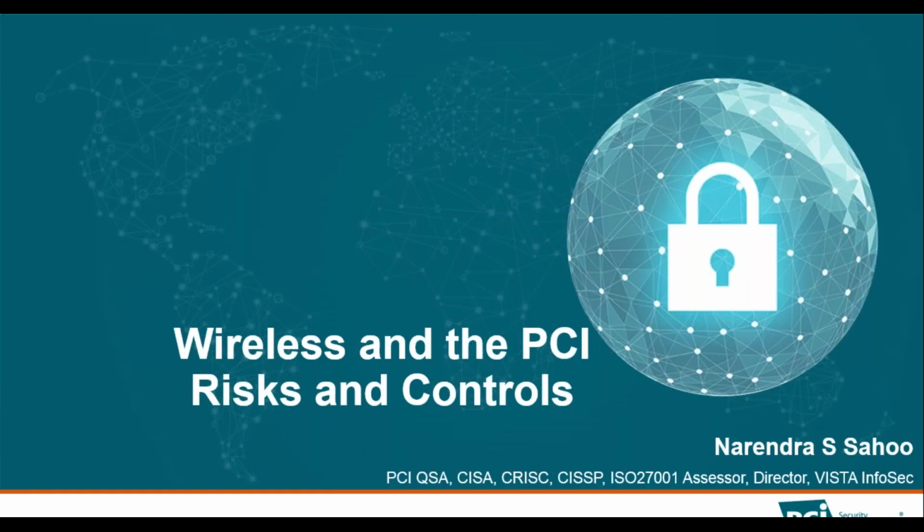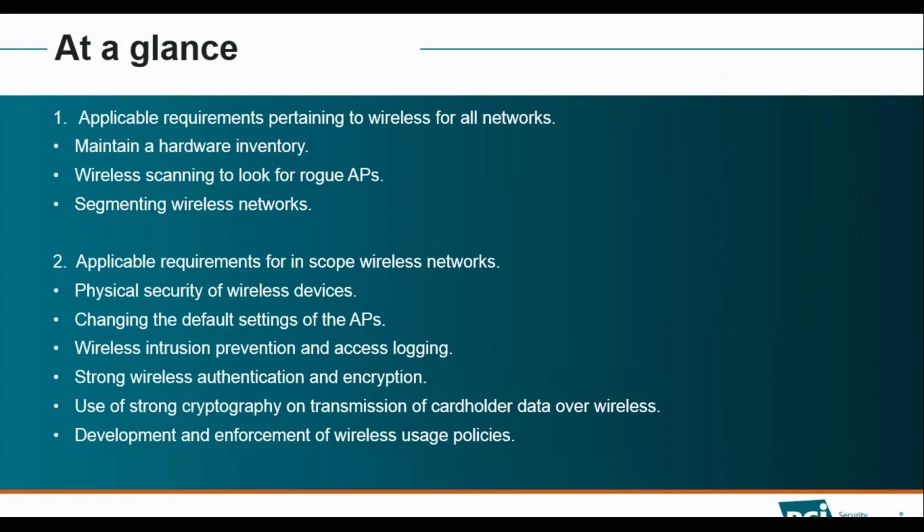Now, at a glance, what will we be looking at? We'll be looking at two areas of PCI DSS. First is wireless, of course, and we'll be looking at two points. One, what are the applicable requirements for all networks, whether you have wireless in place or not.